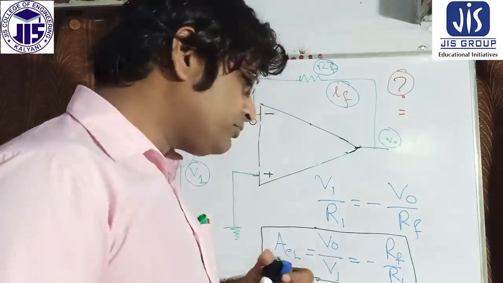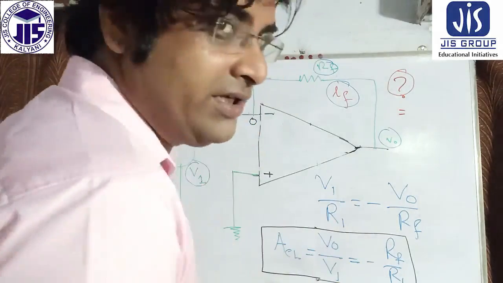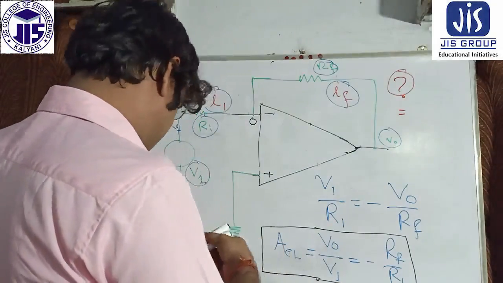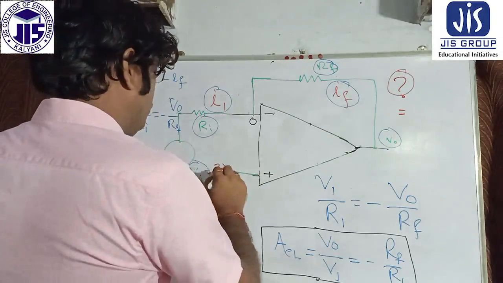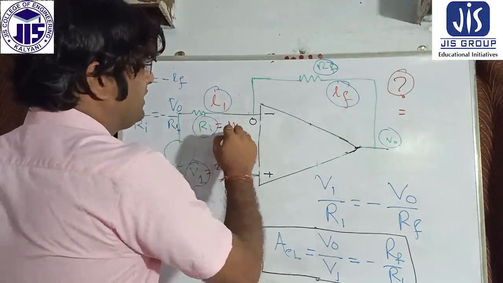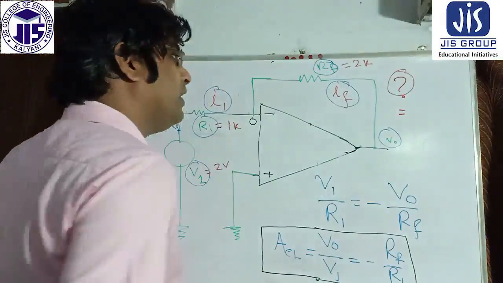Now I go for a very important mathematical problem. Suppose V1 equals 2 volt, R1 equals 1K, and RF equals 2K.